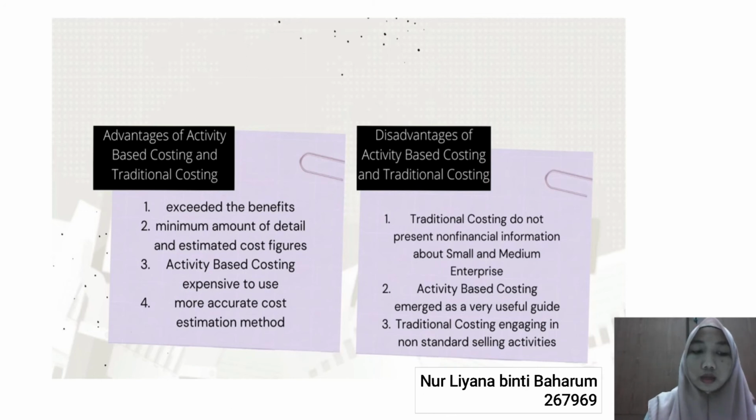Advantage of activity-based costing and traditional costing. If the cost of activity-based costing exceeds the benefits, a company should not apply the activity-based costing system. If so, the capital expenditure on the activity-based costing system and its subsequent running costs can be a roadblock for firms.